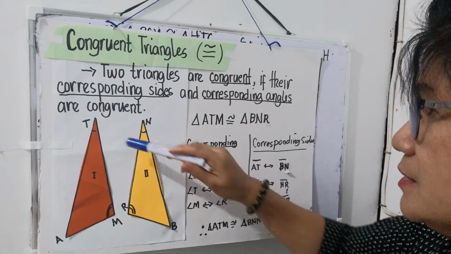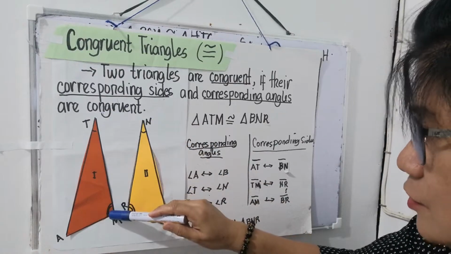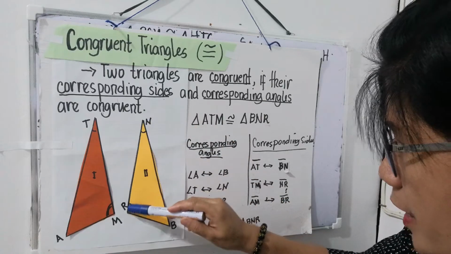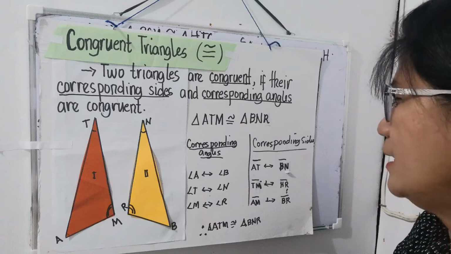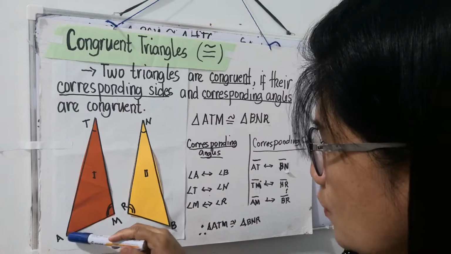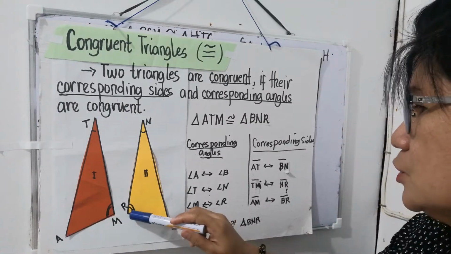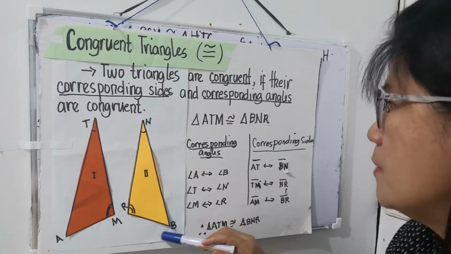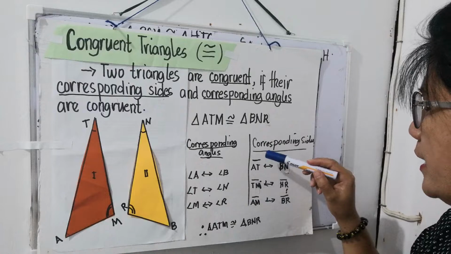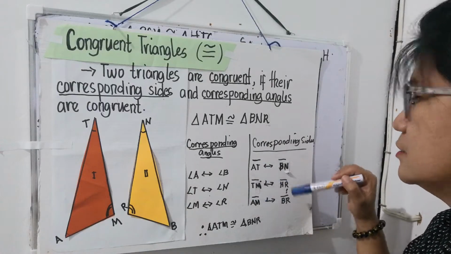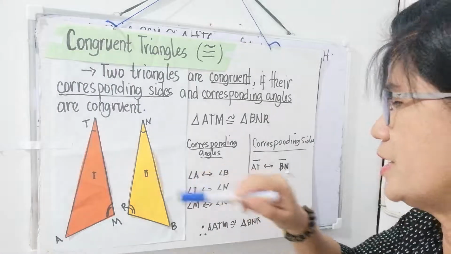Then, line segment TM, this one, corresponds to NR. Then, line segment AM, this one, corresponds to line segment BR. Okay? So, again, these are the corresponding sides of the two triangles.